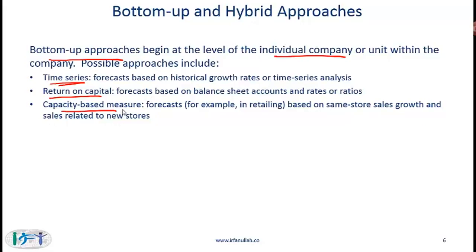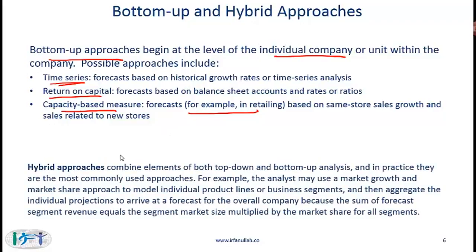They can be capacity based measures. So this is used often in the retail sector. If you want to predict Walmart's sales growth rate, you can do two things. One is you will say, okay, with Walmart, what is the increase in same store sales plus what is the increase in number of stores going to be? That's also a bottom-up analysis.